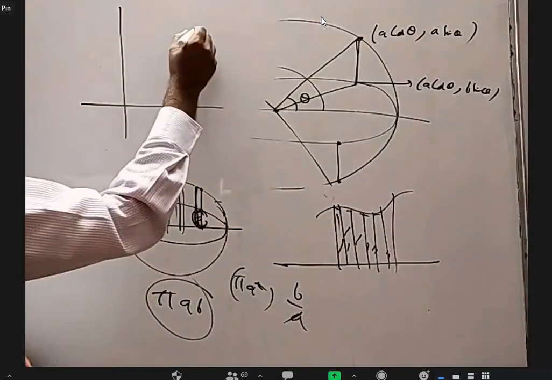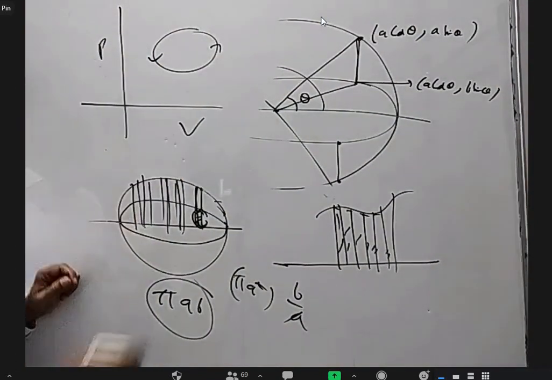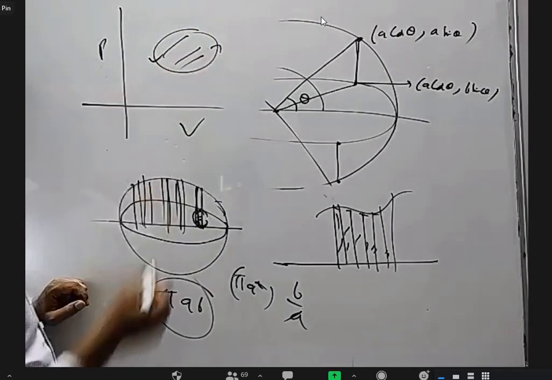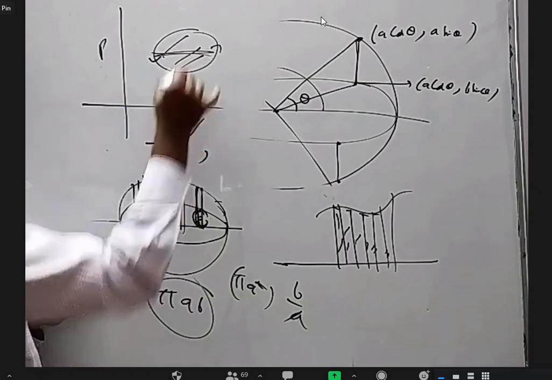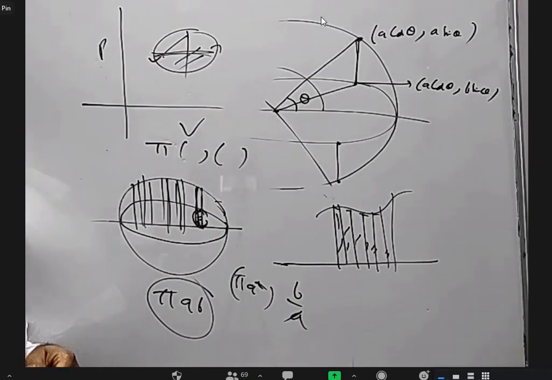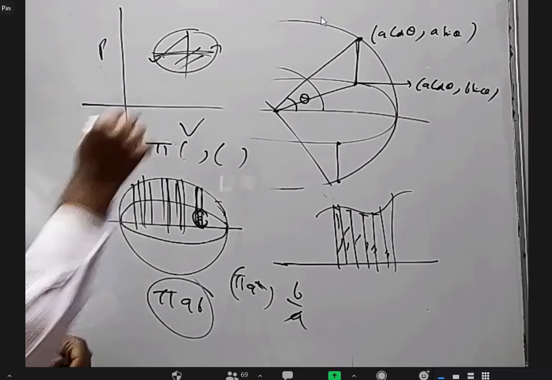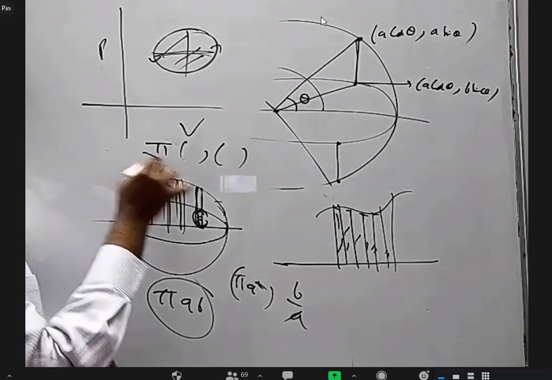If a PV diagram is like this, when you wanted to know the work done, which is this area, have you done pi into half of this length into half of this length? Yes, sir. At that time, this is not a circle, right? So you use pi ab.